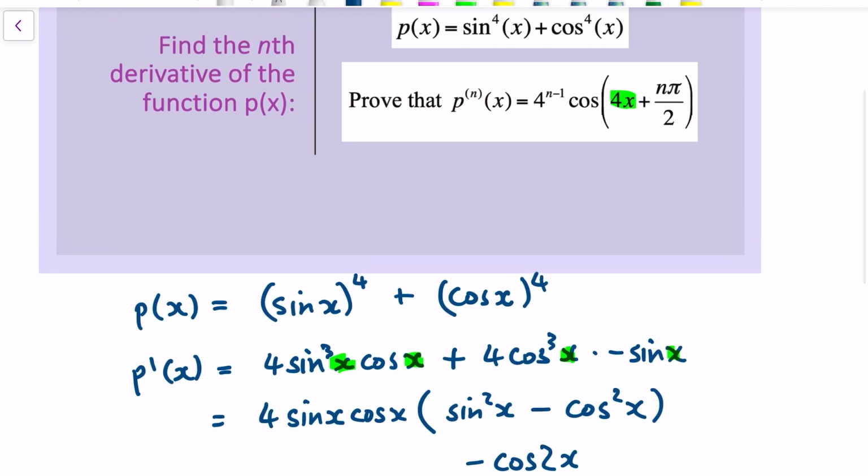When n is equal to 1, p dash of x, the first derivative, we're going to get 4 to the 0 times cosine of 4x.